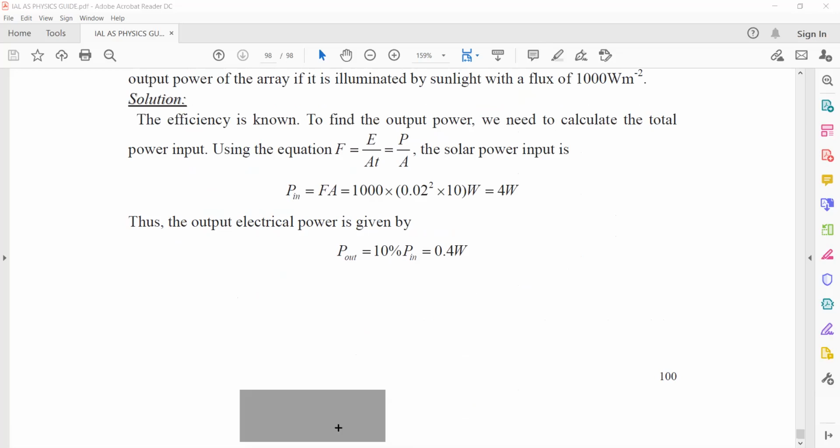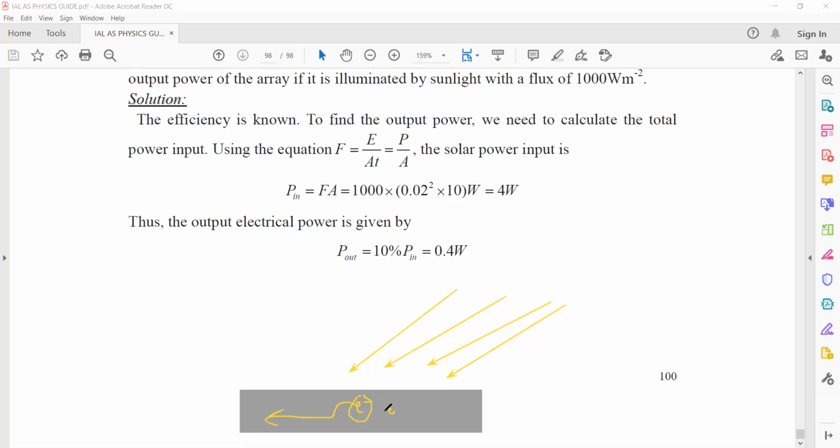These solar cells consist of silicon semiconductor. So when the light falls on a solar cell, what happens? In metals the electrons tend to come out, but here when the electrons jump out from the atom, they start to move within the structure.